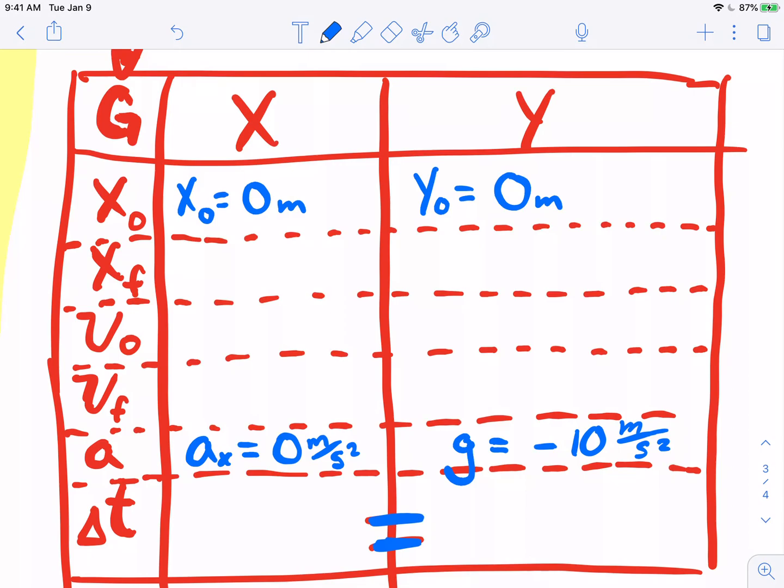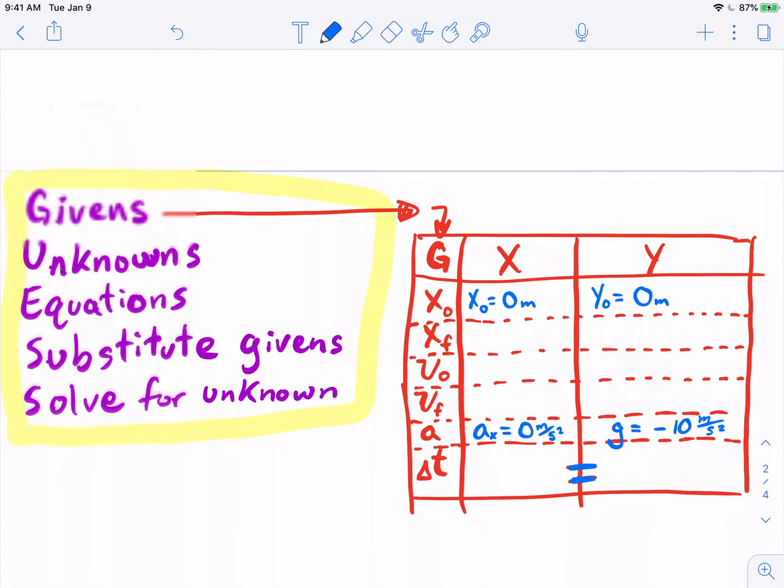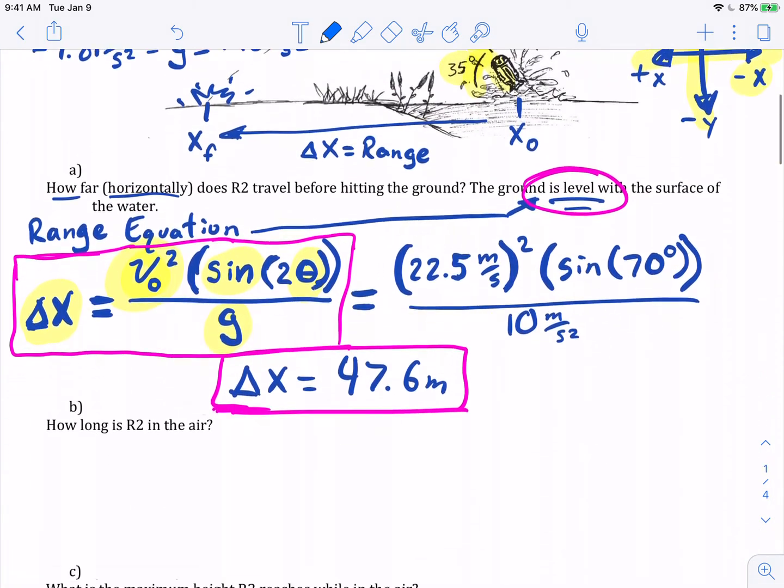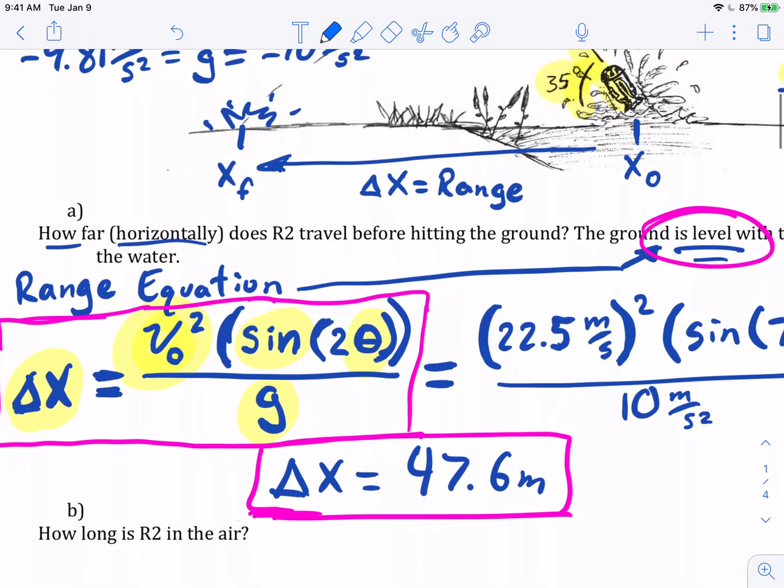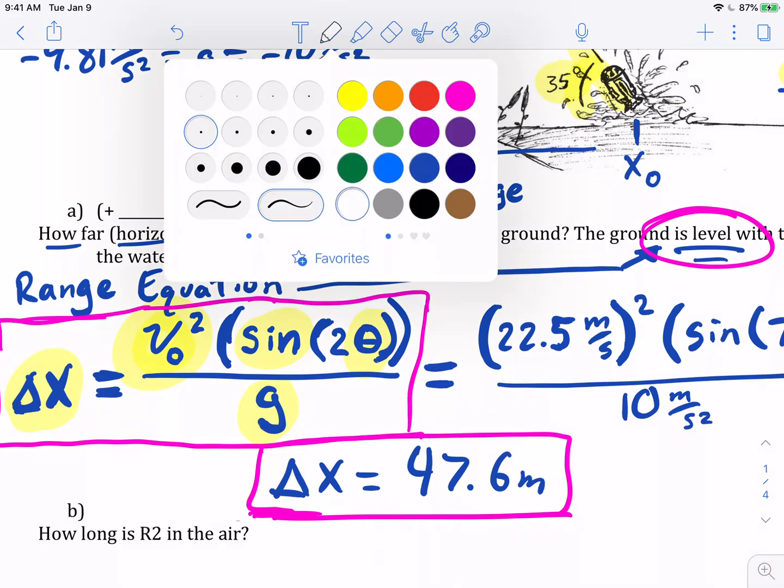Okay. Now another thing I know already from part A is my final horizontal position. I know this because I just figured it out. According to the range, R2-D2 is going to travel from here to here. And XF, the final position, is going to be 47.6 meters away.